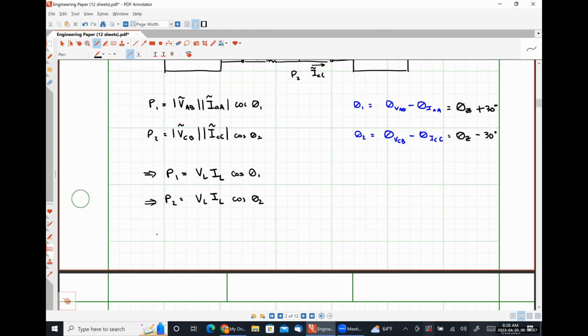What would happen if we added P1 and P2 together?